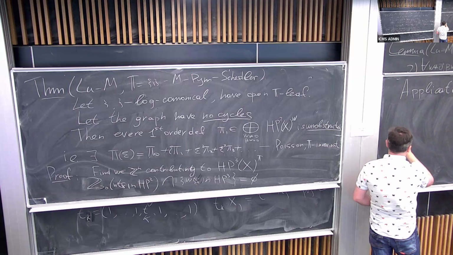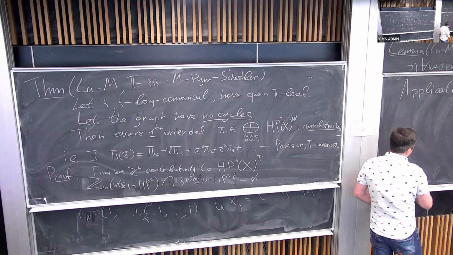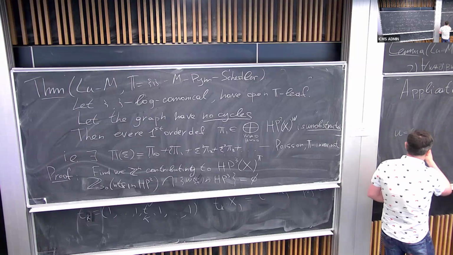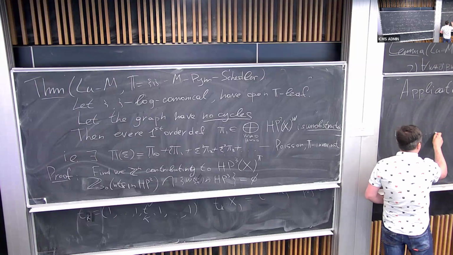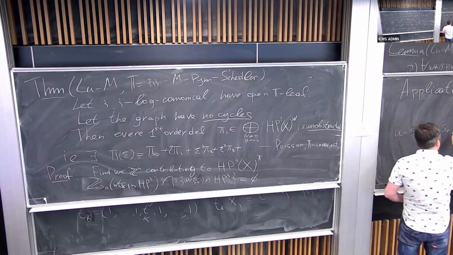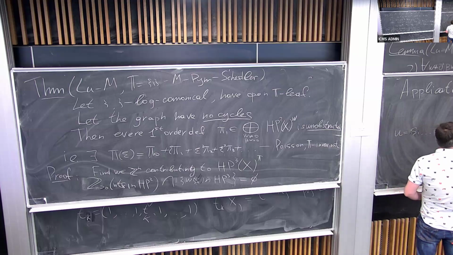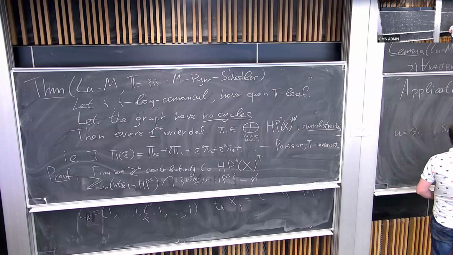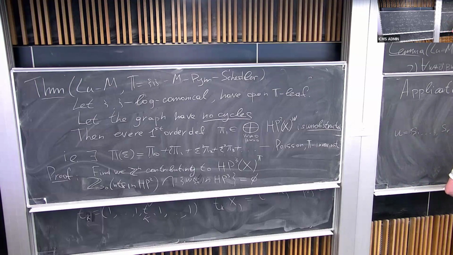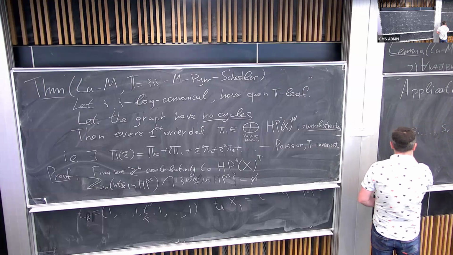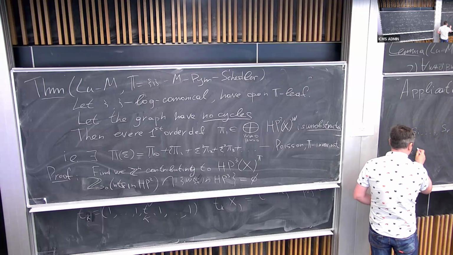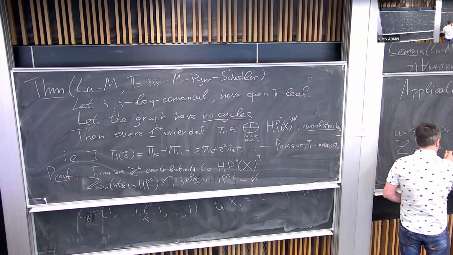To construct Bott-Samuelson, I need to decompose the word in the Weyl group into a product of simple reflections, meaning reflections about simple roots in the Lie algebra. The Bott-Samuelson variety is defined as a certain quotient.